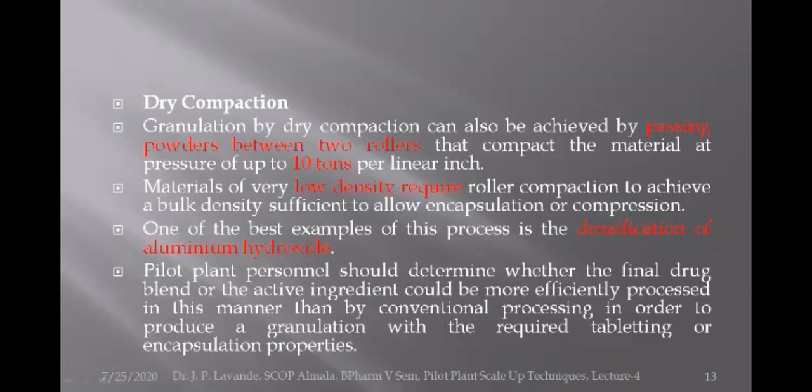Materials of very low density require roller compaction to achieve a bulk density sufficient to allow encapsulation or compression. So which material? Material with low density. They require compaction to achieve the bulk density.